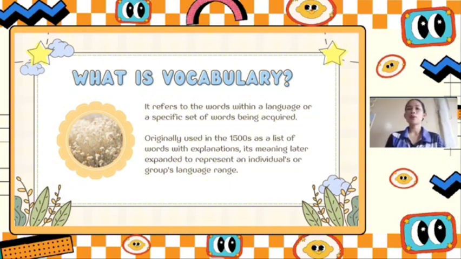The more words you know, the easier it is for you to convey ideas without struggling to find the right terms. It also enhances comprehension because understanding more words allows you to grasp spoken and written text more quickly and accurately. A strong vocabulary helps in following conversations, reading complex materials, and even picking up nuances in meaning.